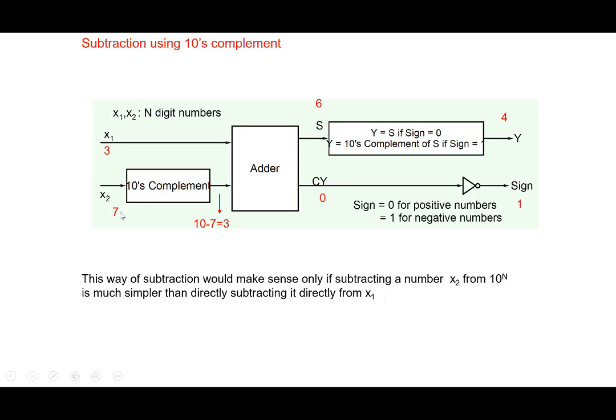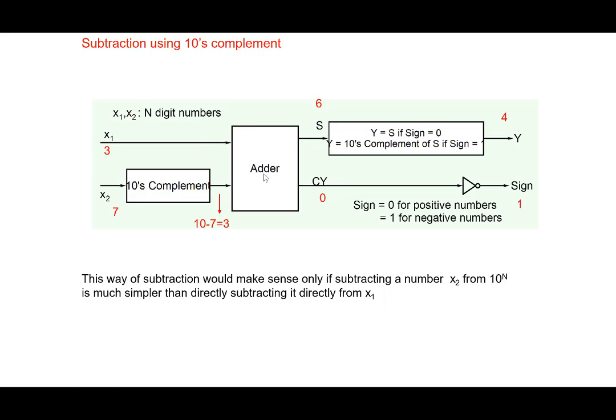So what are you gaining? Well, in the decimal system, we agree that it doesn't make so much sense, but note that here you're only subtracting from 10. So you're subtracting any digit from 10, and if that happens to be very easy, then maybe there's something to be gained by doing subtraction in this manner.